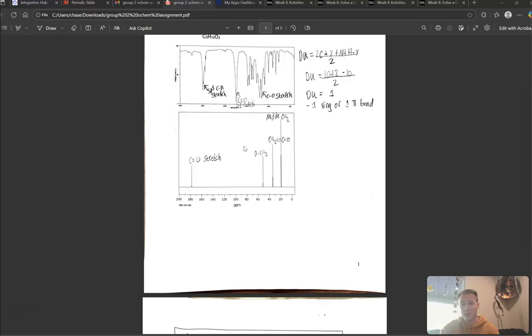Our next group we're going to look at is our 13C NMR analysis. So to start off, going from our highest shift to our lowest, at around 175, we do see that C double bonded to oxygen of an ester. Around 52, we see an oxygen attached to a methyl, and then around 35 ppm, we do see a CH group attached to the C double bonded to O group.